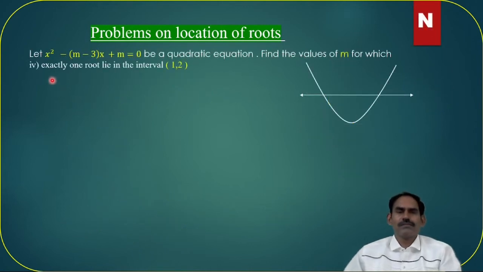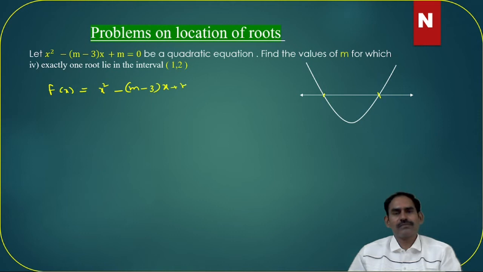The next question. Let x square minus m minus 3 into x plus m equals 0 be a quadratic equation. Find the values of m for which exactly one root lies in the interval 1, 2. Exactly one root lies in the interval 1 comma 2. Again here, open upward direction because f of x equals x square minus m minus 3 into x plus m.